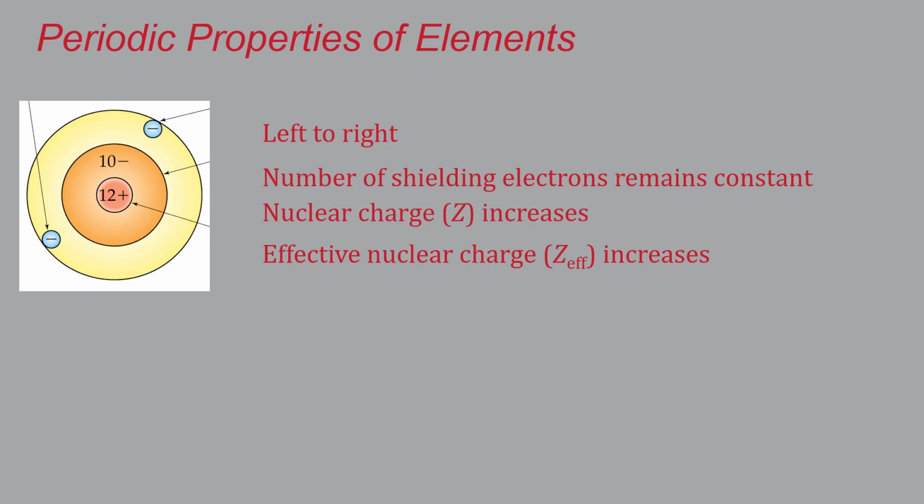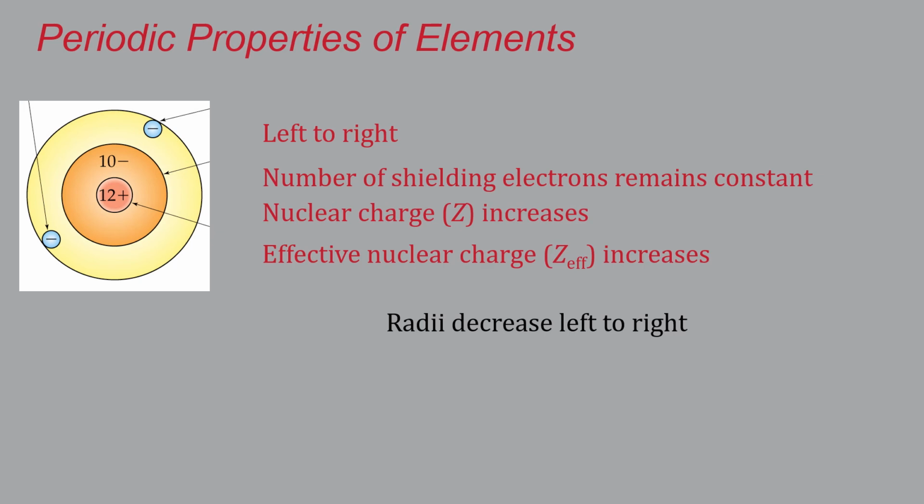And what's important here is the effect that has. As these outermost electrons feel an increasingly larger nuclear charge, they are brought in tighter, and so they're a little bit closer in. So the radii actually decrease as you go from left to right, because the effective nuclear charge is increasing, and that brings them in. So that's the explanation of that trend.